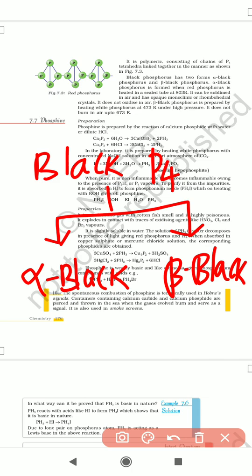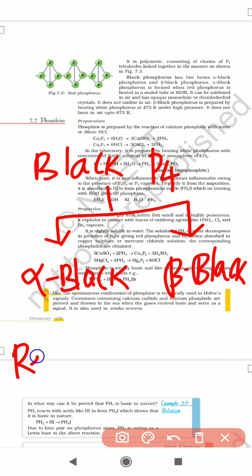So black phosphorus further forms 2 compounds: one is alpha black phosphorus and another one is called beta black phosphorus. How will you get this alpha black phosphorus?